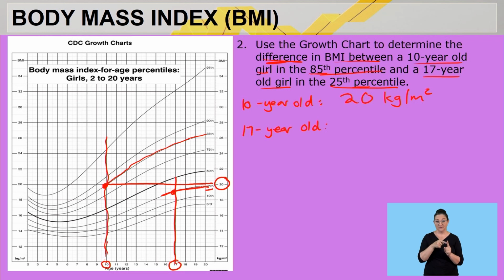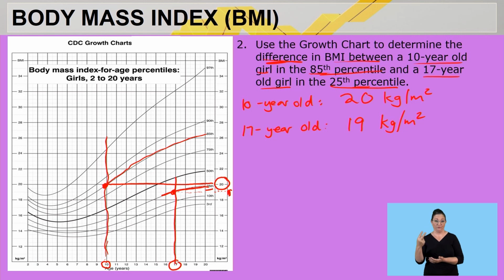Are you still with me? So therefore, now we'll move to my right to see where, okay, what is the BMI? So we can clearly see here that it's between 18 and 20. So therefore, the BMI there is 19. So then I'll indicate that for the 17-year-old girl, her BMI is 19 kilograms per square meters.